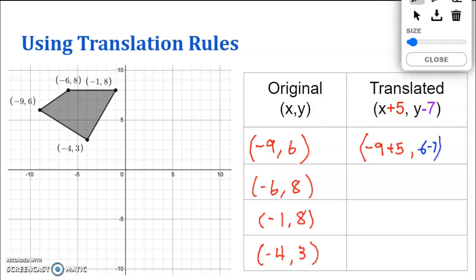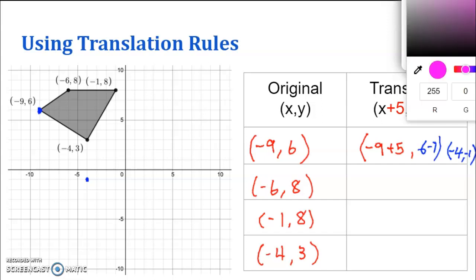And then what do you get? This is really the same as -9 plus 5 is -4, comma, 6 minus 7 is -1. So the new coordinate after translation is going to be (-4, -1). So what used to be (-9, 6) became (-4, -1). It's this point right there. So this point just became this point. Okay, all right, then let's try the next point.